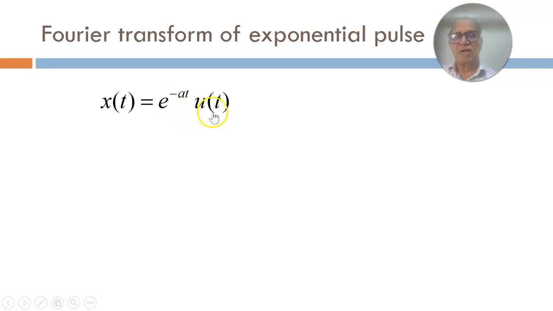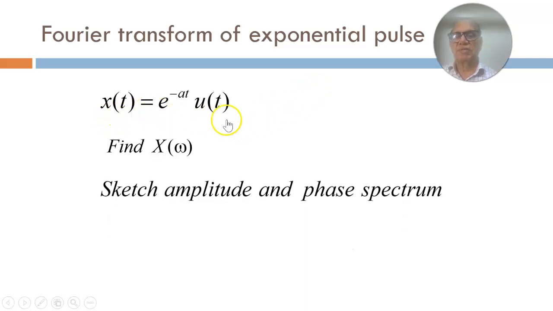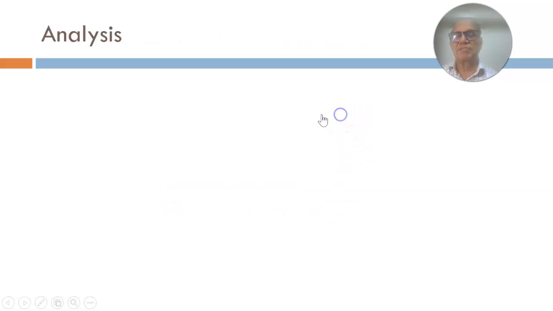And for values of time greater than 0, x(t) will be equal to e raised to minus at, because then u(t) is equal to 1. And we want to find the Fourier transform of this exponential pulse. So the problem statement is: find X(omega), sketch amplitude and phase spectrum.